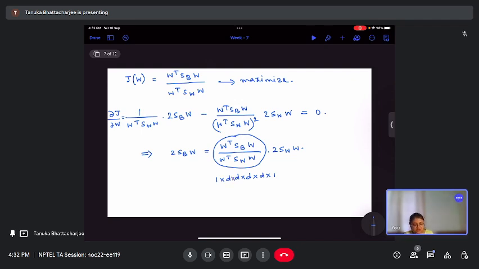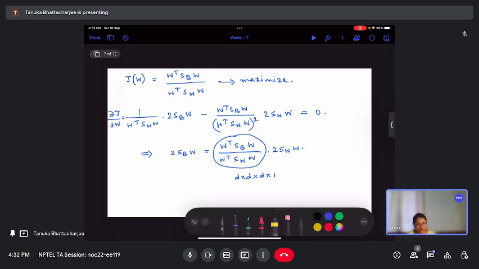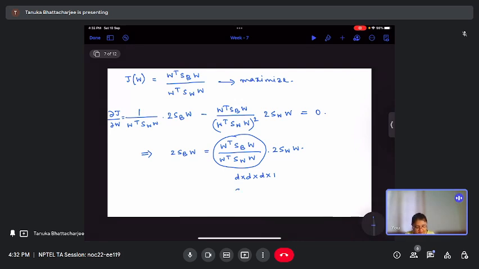So, finally it all cancels out and it becomes a scalar quantity. If you first take SB w or SW w, that dimension will be D cross D times D cross 1, that is D cross 1.